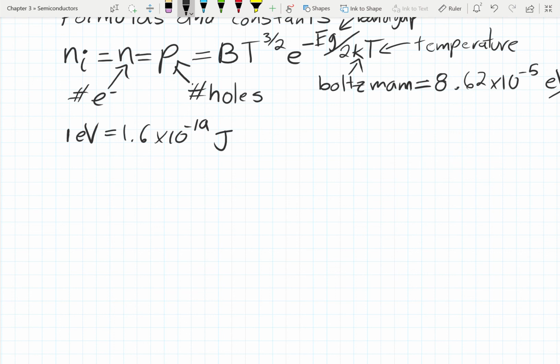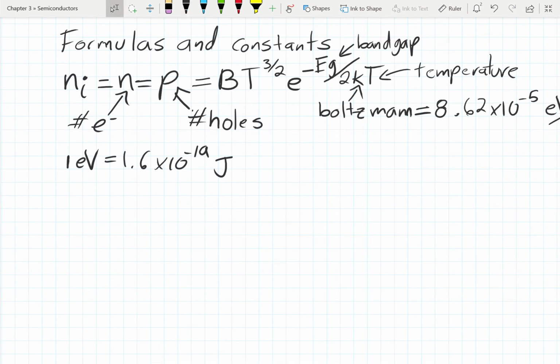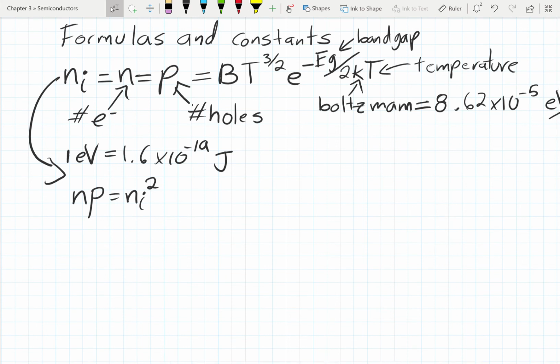And just so that you know, from this formula on top here, we can play with it a little bit and have the number of holes times the number of electrons equal to this intrinsic concentration squared. I'm going to call it intrinsic carrier concentration.